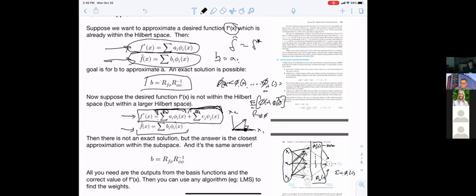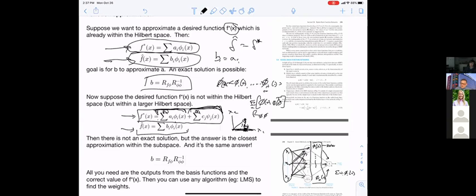The shortest distance, anything else, will be a longer distance. So the shortest distance from the true answer to my best approximation always forms a right angle. That's true in linear vector spaces, and it's true in Hilbert spaces, because it's basically exactly the same mathematics.